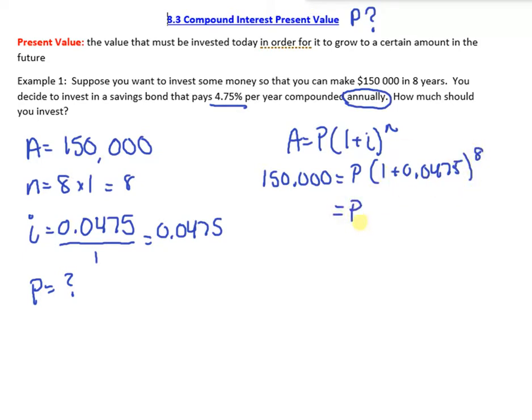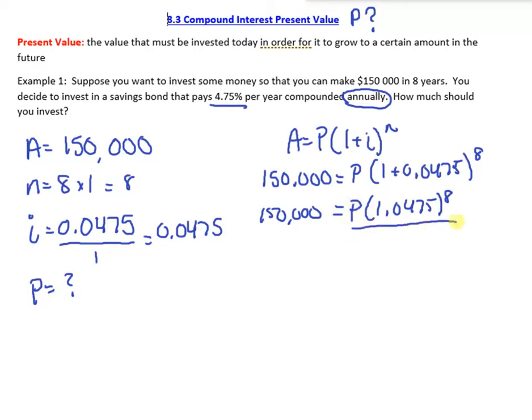Okay, so let's actually calculate this. That's 1.0475 to the 8. All we did here is add up 1 and 0.0475.